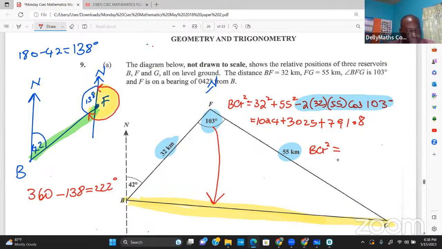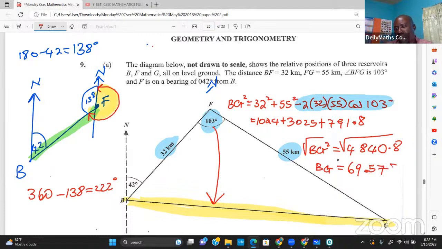And I'm getting here 4,840.8. Finally, right? Finally, let's take the square root of this. Let's take the square root of that. And I'm getting here for BG 69.575.